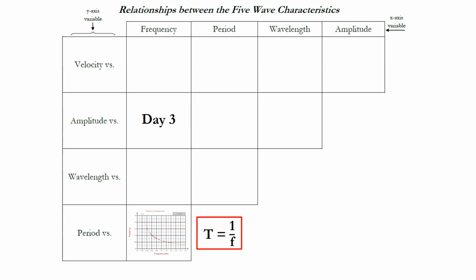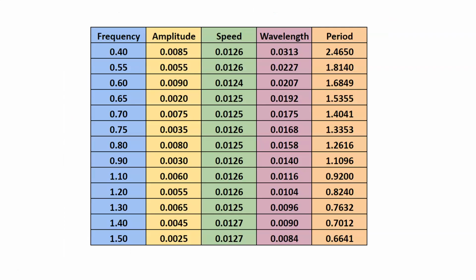On day 3, we said, what does the amplitude versus some other things look like? So we plotted amplitude versus frequency, period, and wavelength. In other words, if this is amplitude, y, then how does it look against this independent variable, this independent variable, and this independent variable?